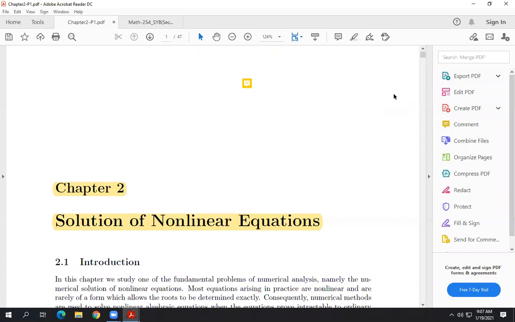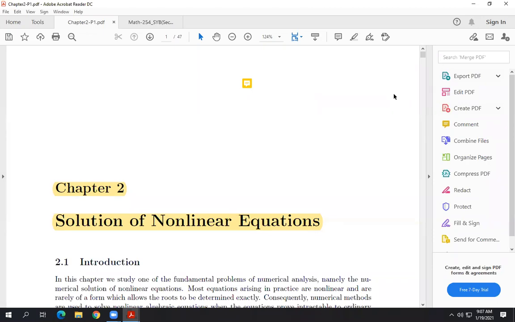This is a chapter you will use in the future when you do research, master's degree, PhD, whatever. So please give attention to this one.